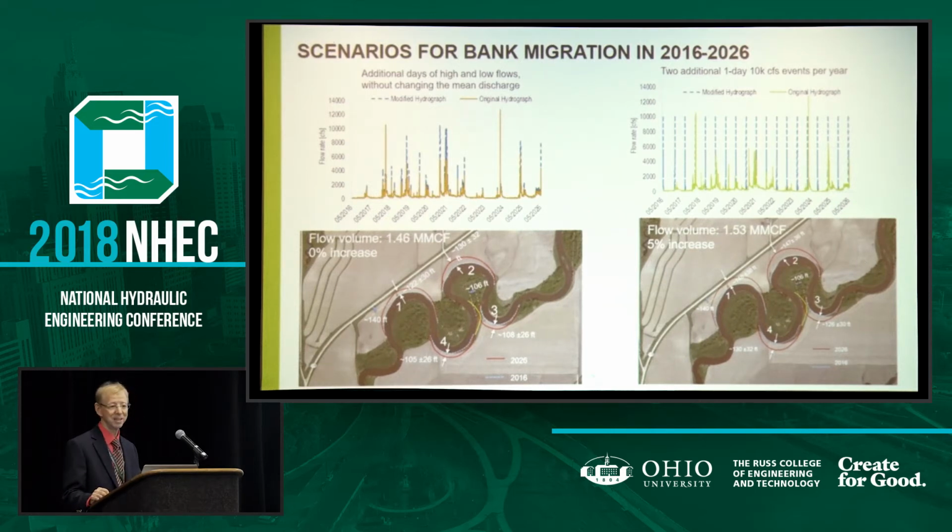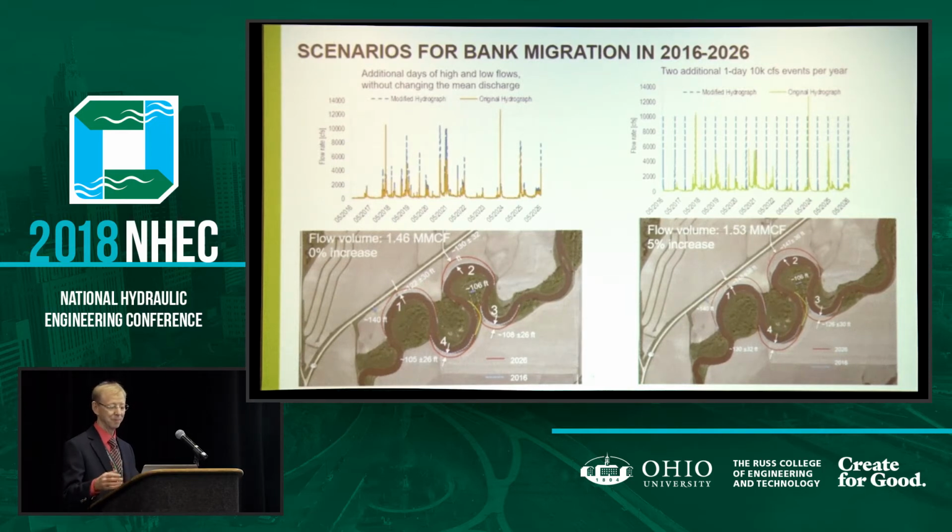So the mean is the same, but the standard deviation is larger. And if you then run that what-if scenario, you get about the same migration in that bend number 1. It's around 120 feet over a 10-year period.